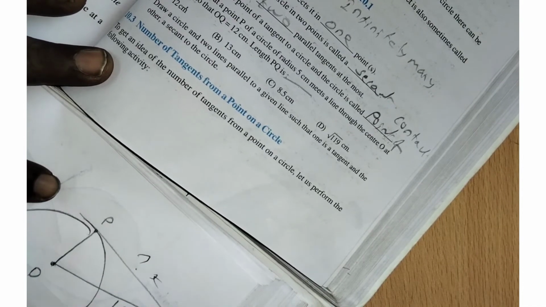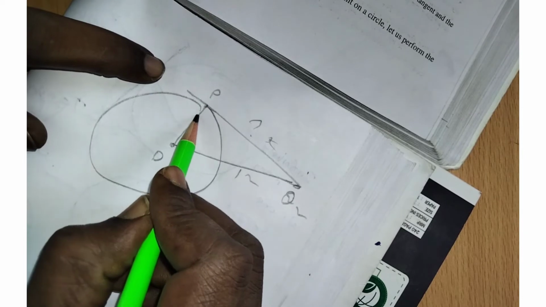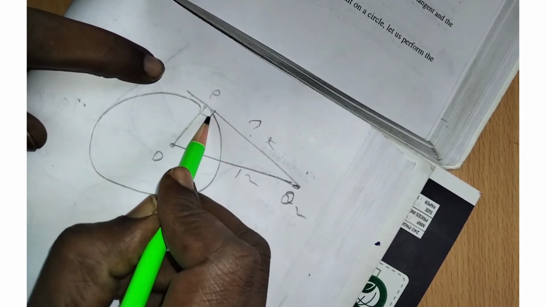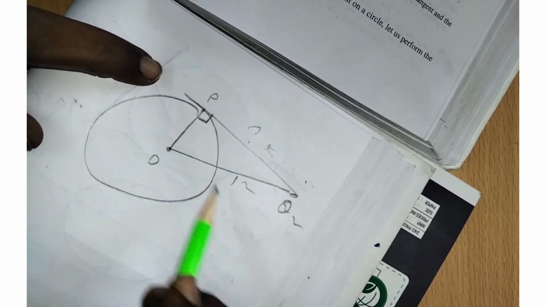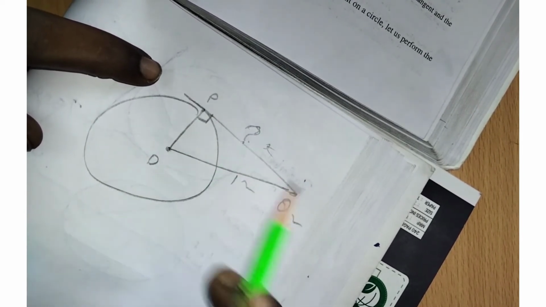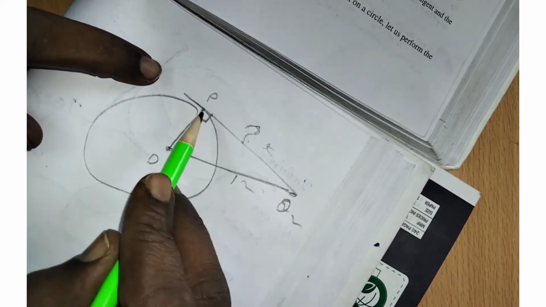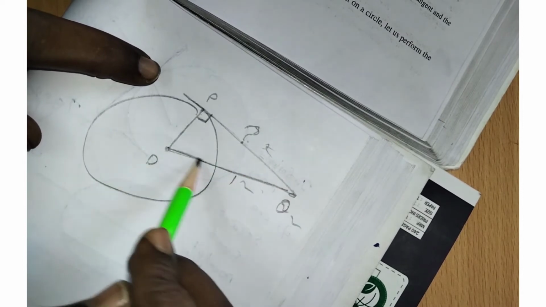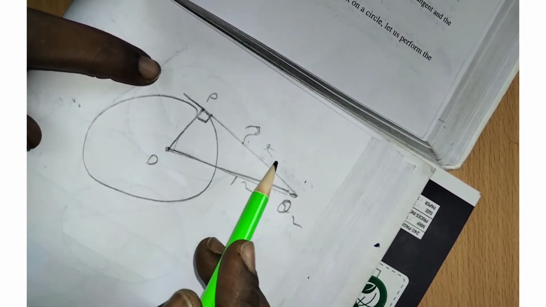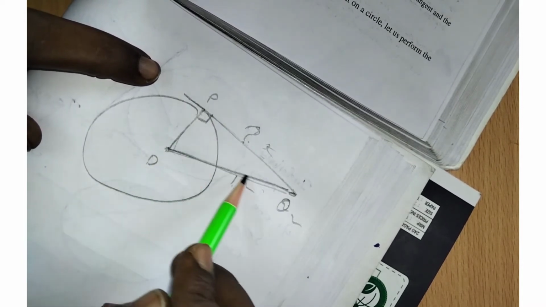So simple, we know that the tangent and the radius are always at 90 degrees. So think of the right angle triangle. The side opposite the 90 degree angle is the hypotenuse, and we have the remaining two sides. So always the side opposite the right angle is taken as the hypotenuse.